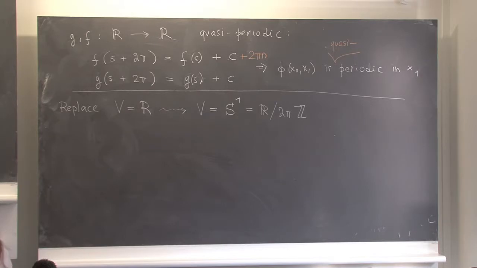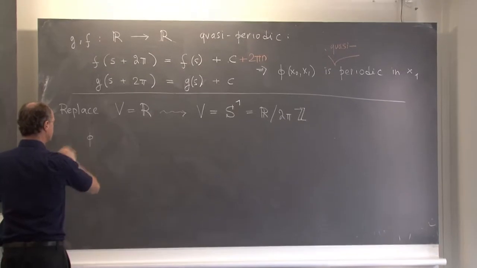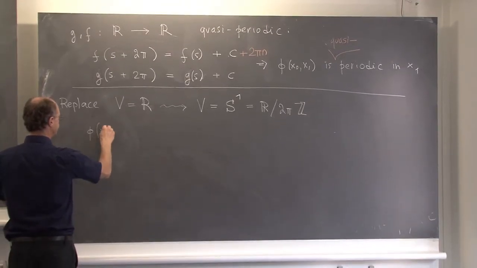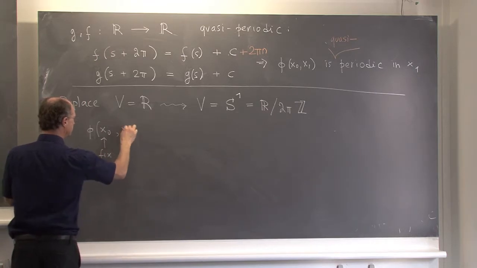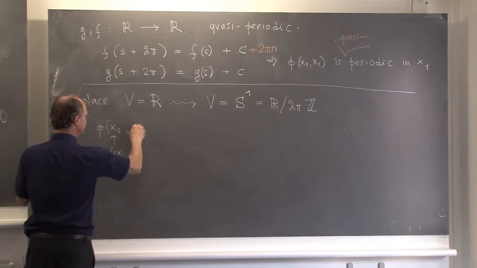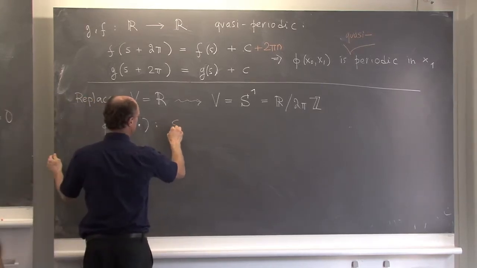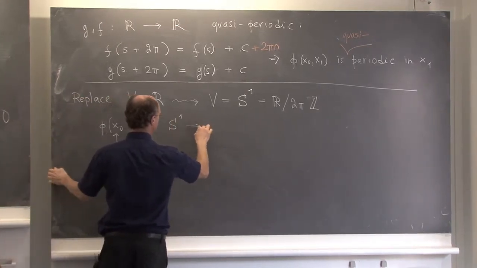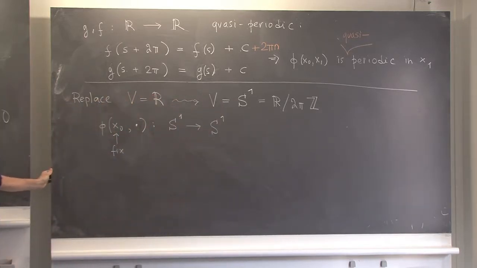So let's spell it in a slightly different way. Now let's say our phi, if we fix x0 and we view it as a function of x1, is a map from S1 to S1.